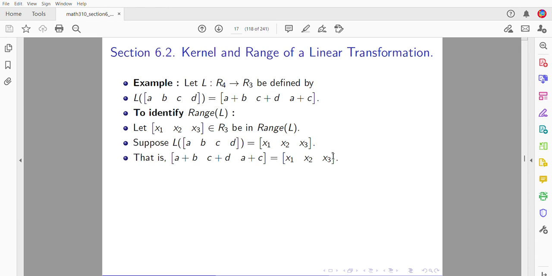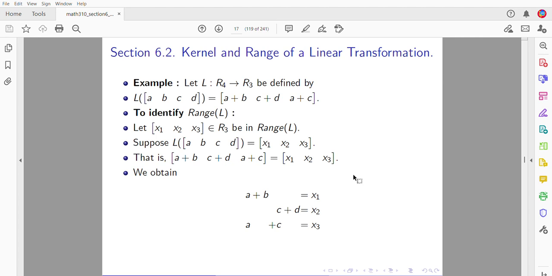So you get three equations, four variables: A plus B is x1, C plus D is x2, A plus C is x3. Notice I have three equations, four unknowns A, B, C, D. x1, x2, x3 are on the right, they are fixed.